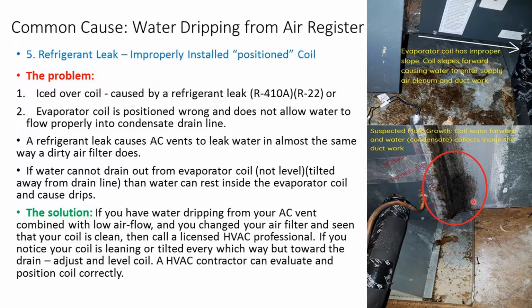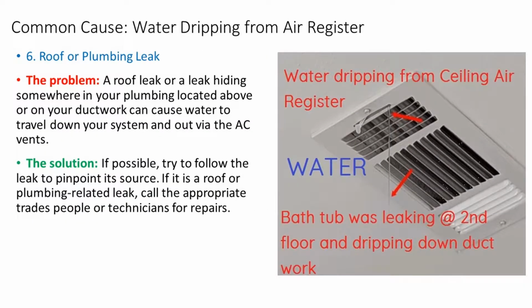It's just sitting here. As it sits here, it drips, and of course, it's causing suspected mold growth. So whoever installed this didn't put straps, didn't secure it, didn't worry about how the position of the coil was for good drainage.